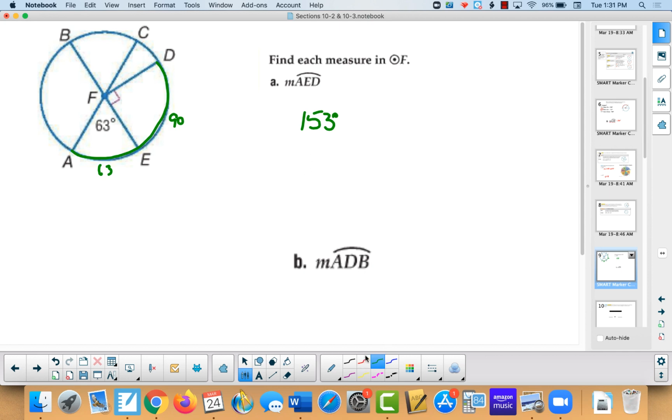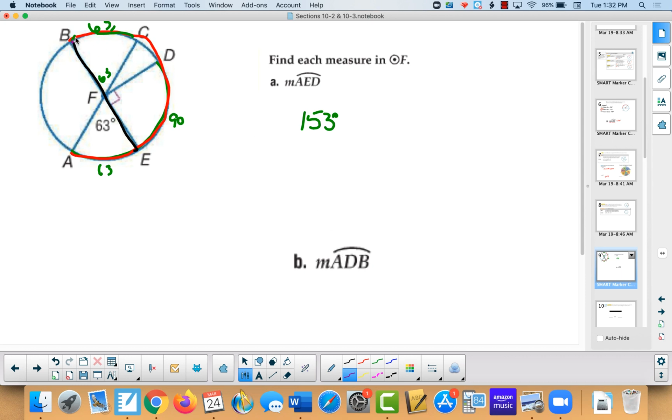For arc ADB, we start at A, come around to D, and go all the way to B. Now here, we have to notice, since this is circle F, that BE is a diameter, which makes this semicircle 180 degrees.